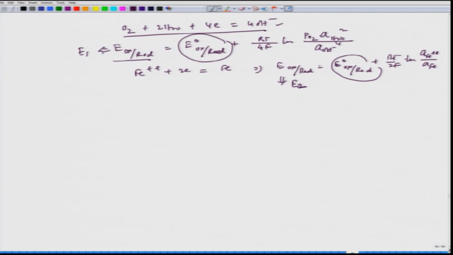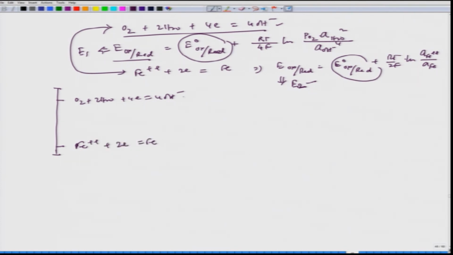So this one would stay above and this one below. In this series we mention O2 plus 2H2O plus 4e equal to 4OH minus, and Fe2+ plus 2e equal to Fe. So this is the position of those two.